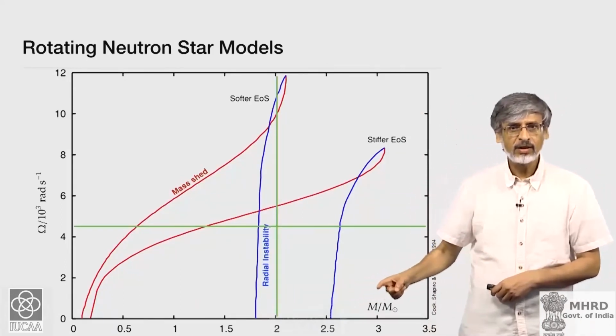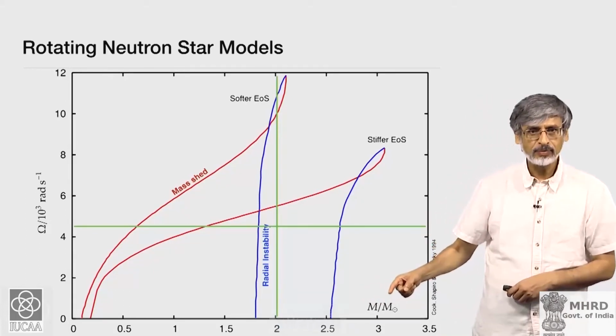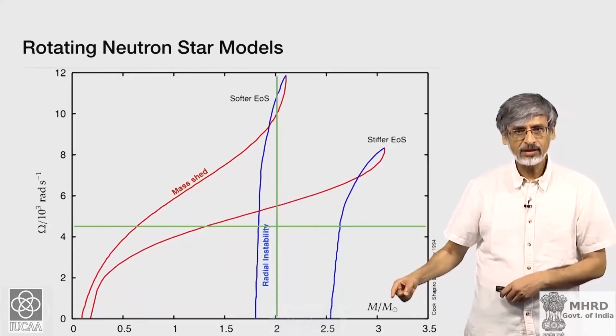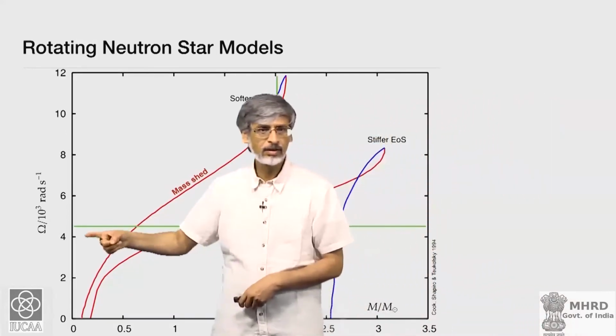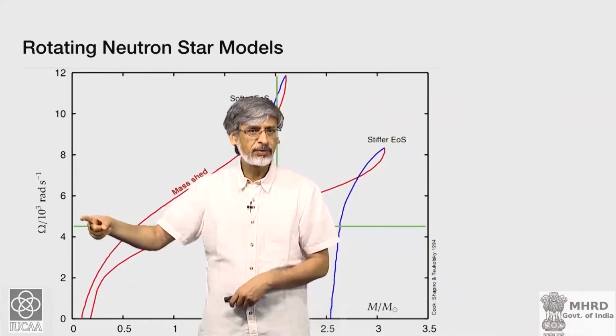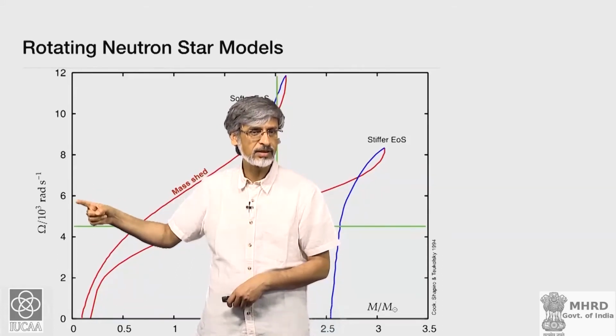Now, here what is plotted is the mass on the horizontal axis and spin frequency, angular frequency omega, on the vertical axis.